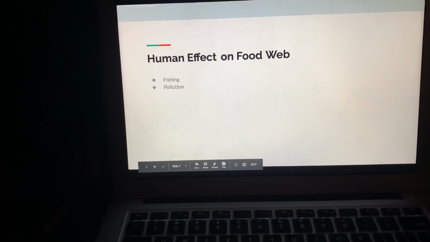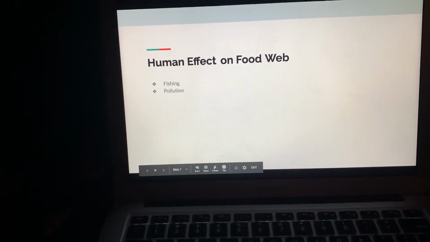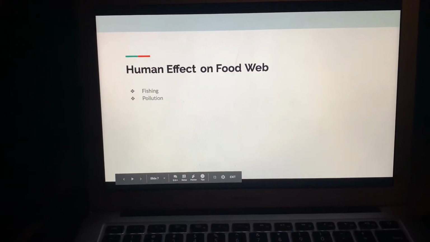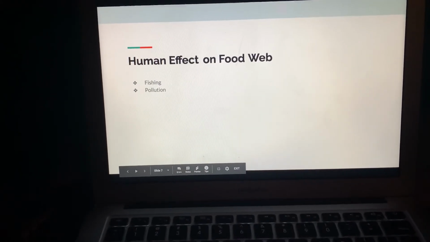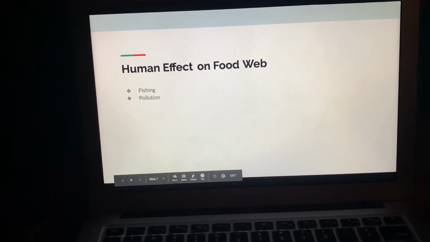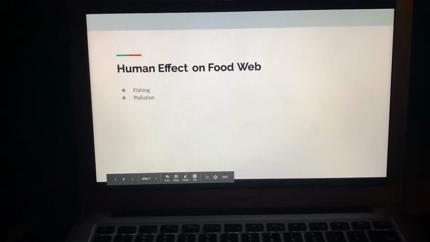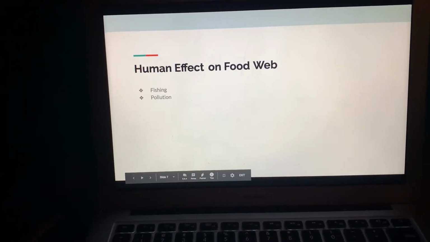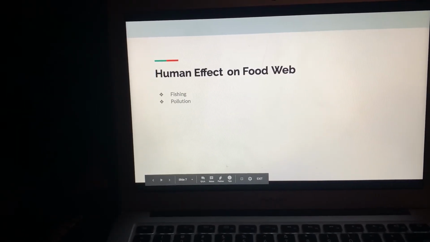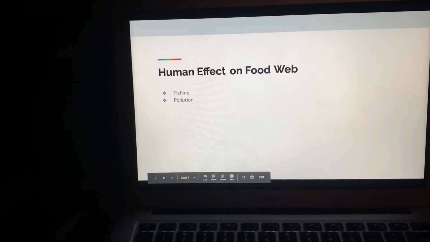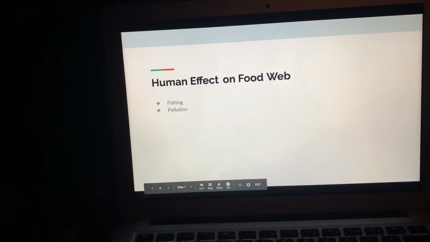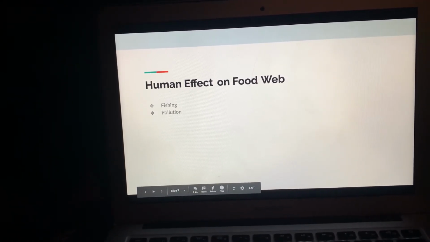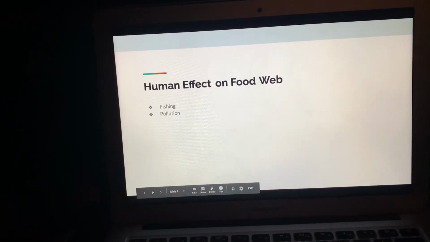Humans do happen to have a huge effect on food webs, mostly because of two main reasons. Fishing. Humans could also be considered like a tertiary consumer because we eat so much of the marine life. That causes a huge problem in the food web, because if we start eating more of one thing, then consumers wouldn't have anything else to feed on.